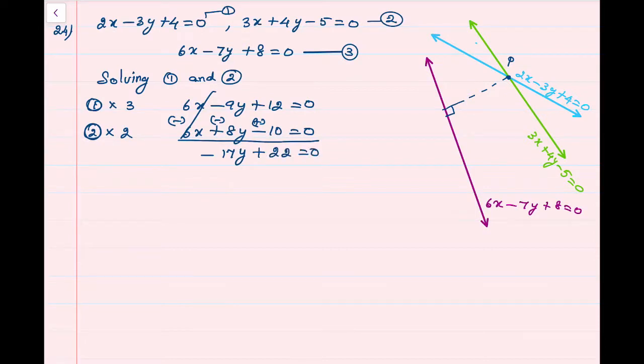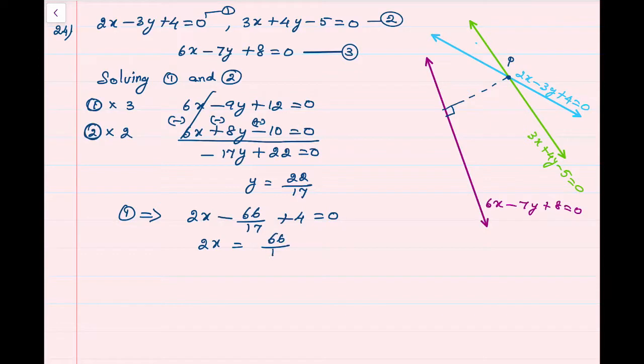Therefore, y is 22 over 17. We will substitute in the first equation to find the x coordinate. 2x minus 66 over 17 plus 4 is equal to 0. 2x is 66 divided by 17 minus 4.